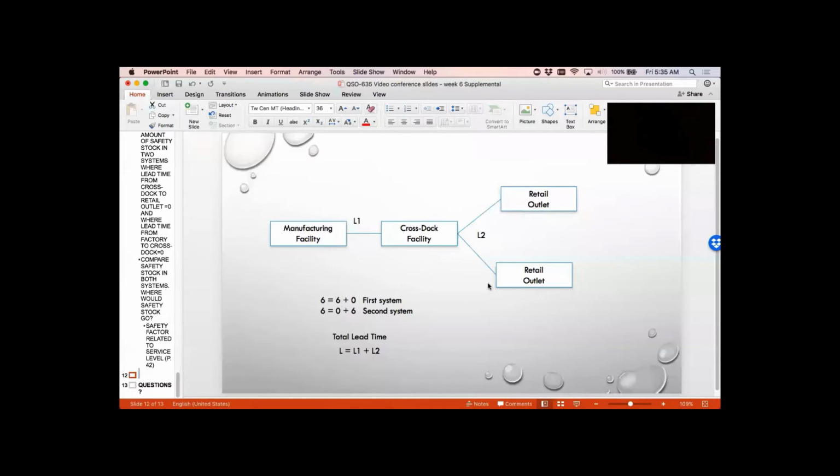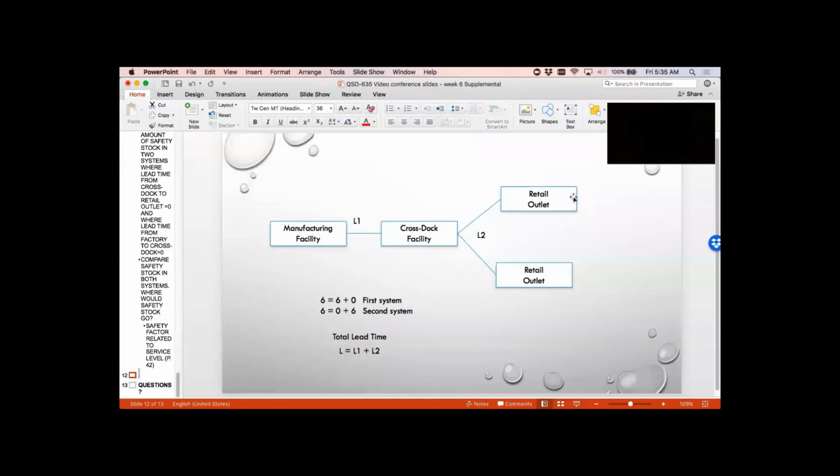I'm not going to answer the question for you, but just remember that safety stock goes where the most variation is felt. So which of these locations would have more variation? The one where there's no lead time, or where all the lead time exists?